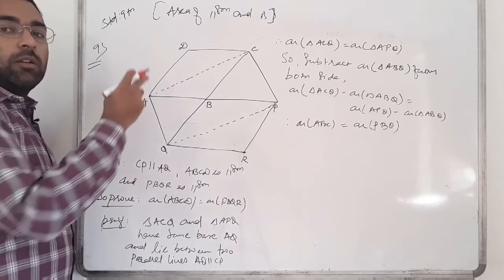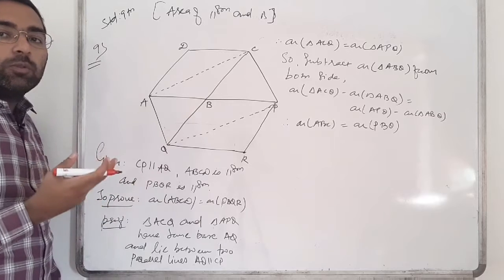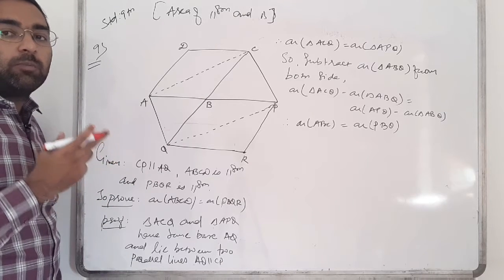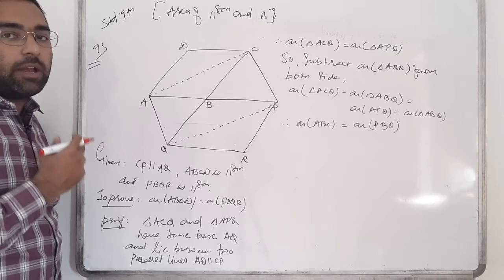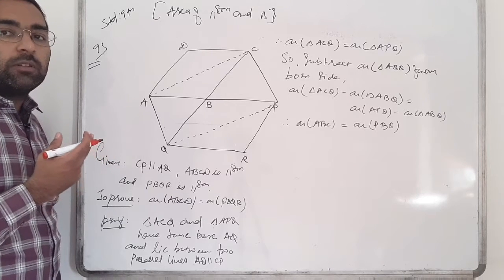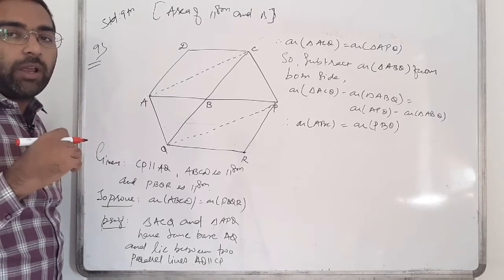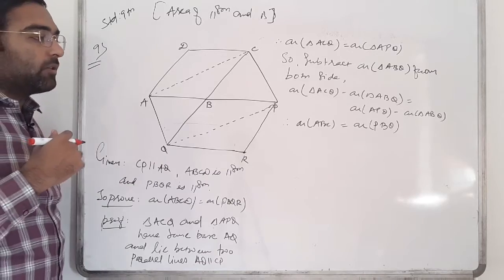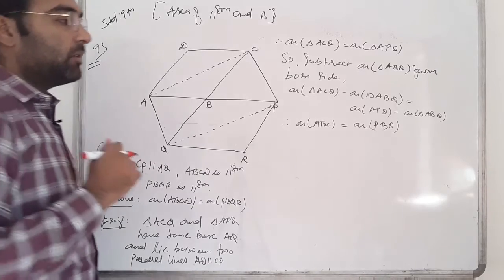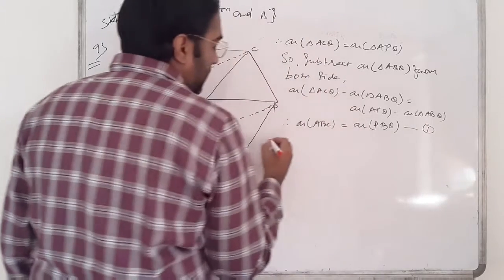We know that a parallelogram is divided into two congruent triangles with the same area, so the area of a triangle is half the area of the parallelogram. I'll write that statement and give this as 1.